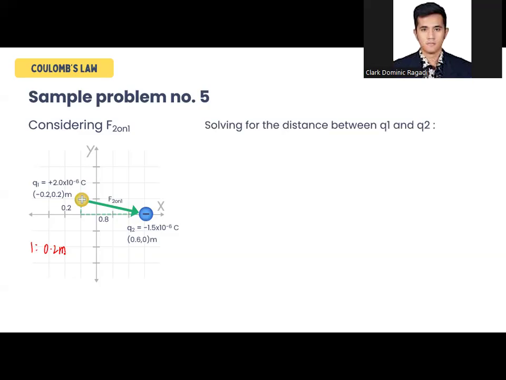So what I use here is the distance formula. Since you are given points or coordinates, you can actually use the distance formula. To recall, r is equal to the square root of y2 minus y1 squared plus x2 minus x1 squared.